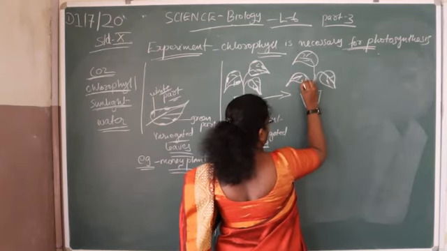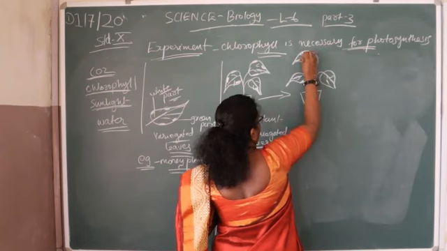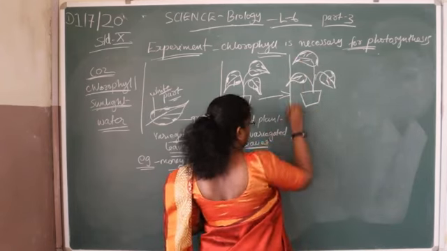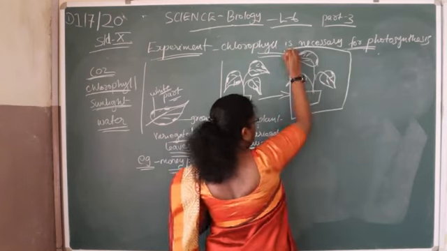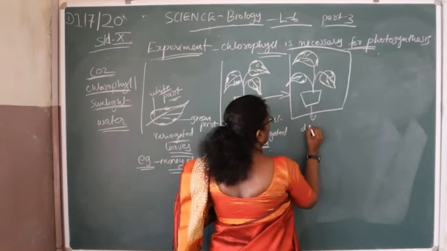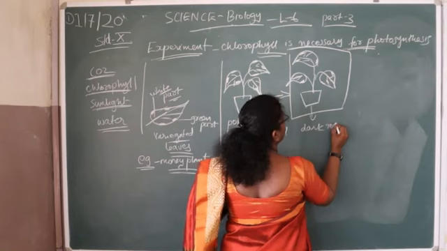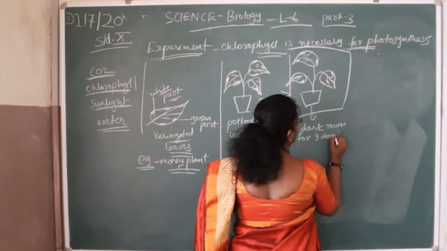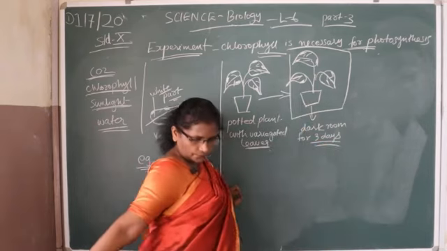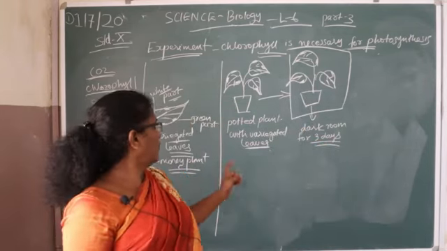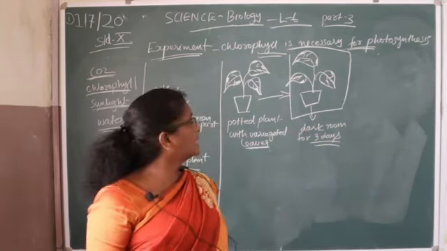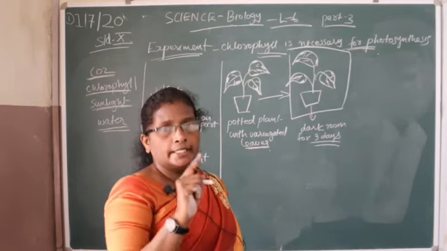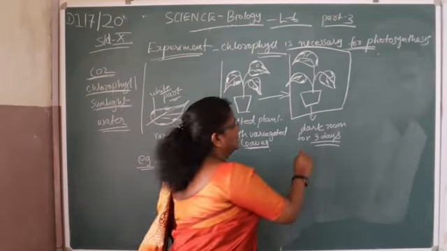First we take a potted plant with variegated leaves. The next step, we keep this plant in a dark room for 3 days.